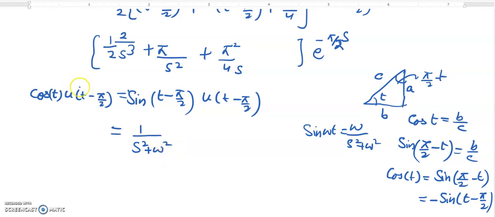And for this it will be e power minus pi s by 2. Here it was minus, so it should be minus over here.